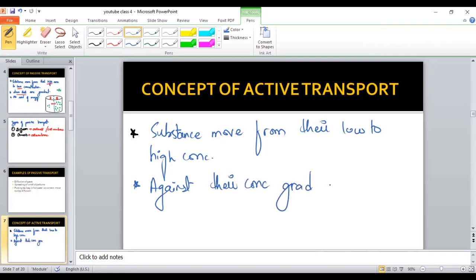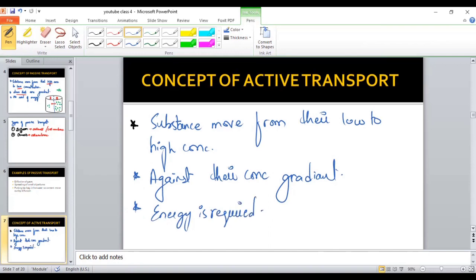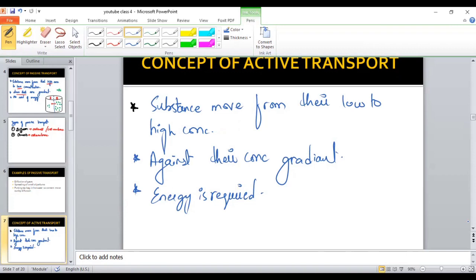And when the substance moves from low concentration to high concentration, for this type of transport, energy is required. Energy is required. So when energy is required in this type of transport, it can only occur in living cells. It could not occur in the xylem because xylem is not made up of living cells. So energy is all the time required.